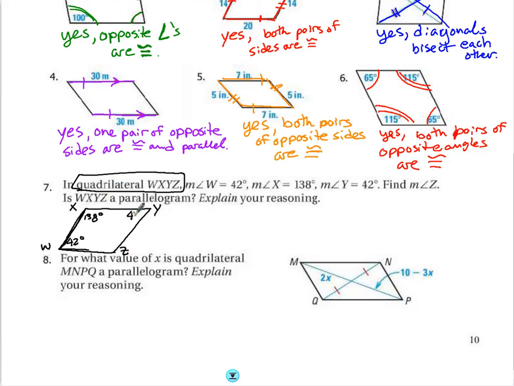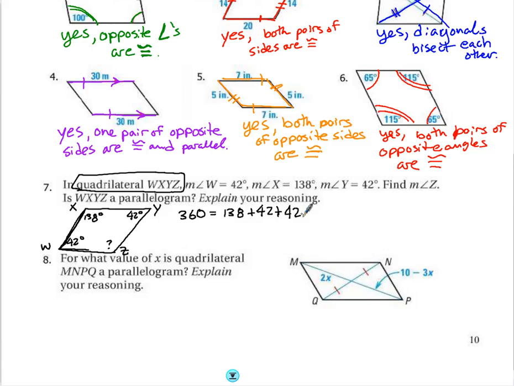So since this is a quadrilateral, back in 8.1 and 1.6 we talked about if a shape has 4 vertices, then the sum of the interior angles is going to be 360 degrees. So the measure of angle X, 138, plus the measure of angle W, 42, plus the measure of angle Y, 42, plus the measure of angle Z is going to add up to 360 degrees.